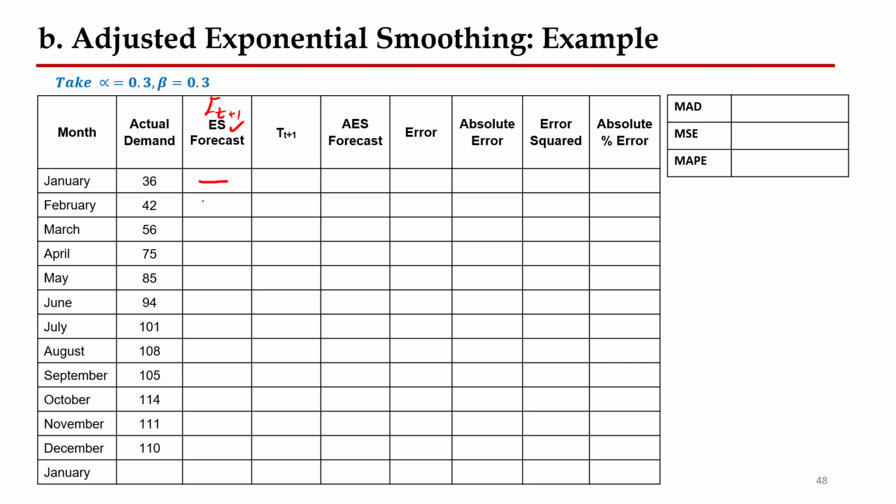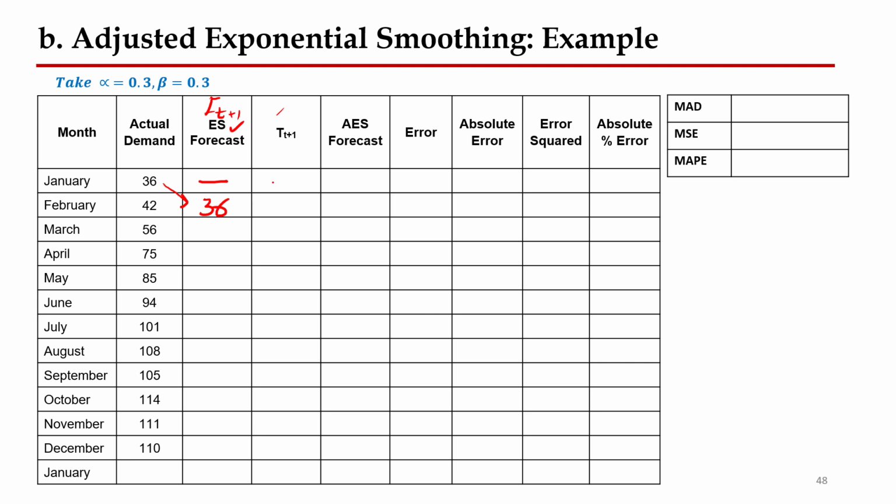We need initial values for the exponential smoothing forecast as well as the trend. The initial values we compute using the naive approach: February's forecast value is going to be 36, which is the last time period's, January's, actual demand.